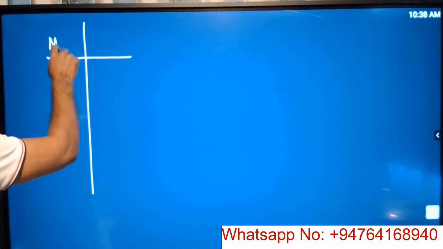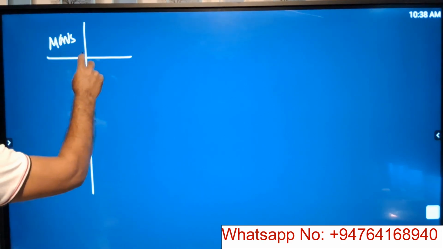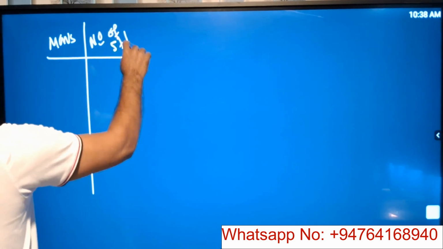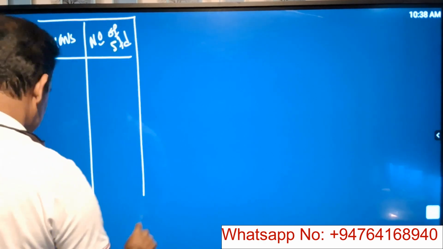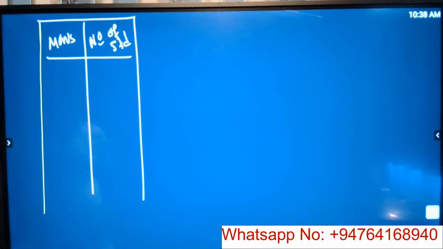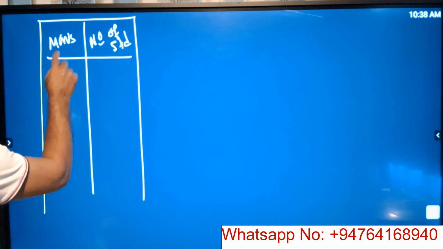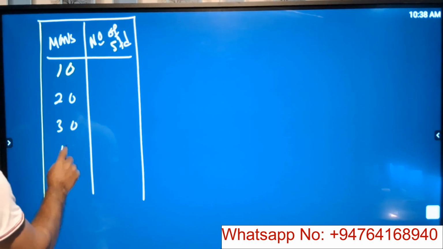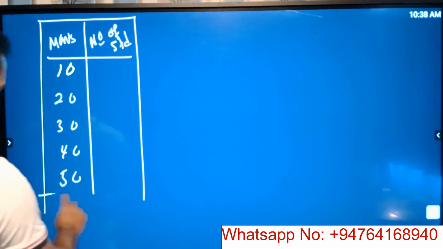Okay, this is my example. This column is the marks of students, and this is the number of students. These are two columns, an ungrouped frequency distribution. The marks of this class are 10, 20, 30, 40, 50.